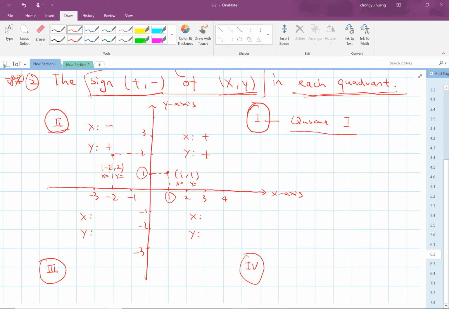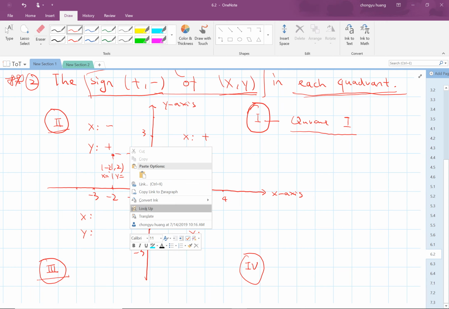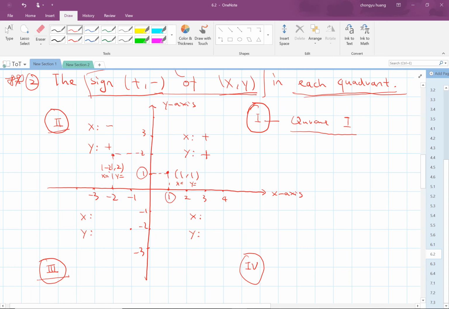Okay, so let's move into quarter 3. Let's plug in a point like maybe over here. As you're getting better, when you see the value of each corner, you already know what the sign is.